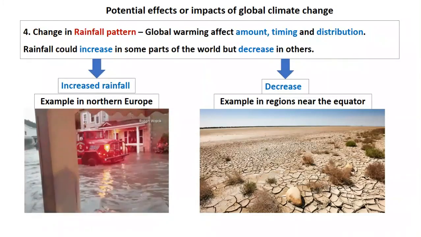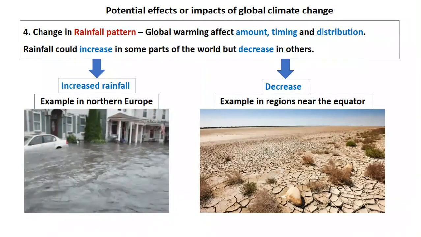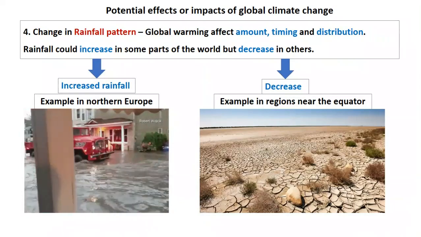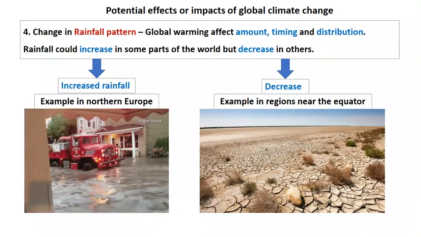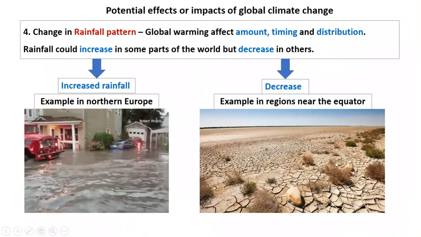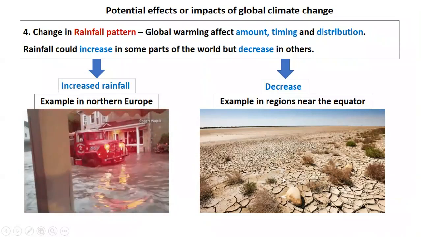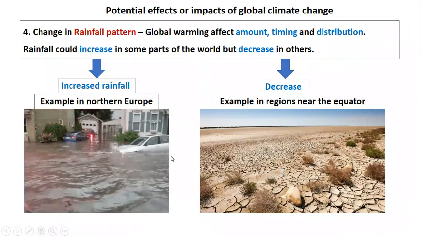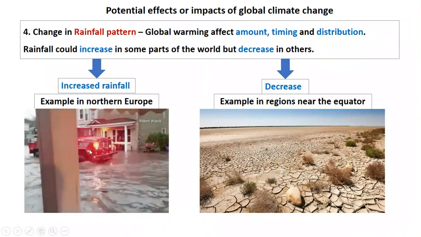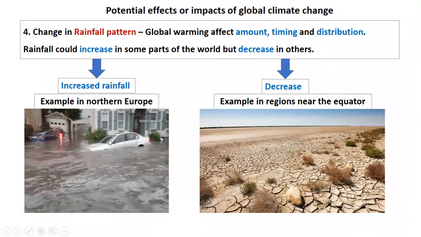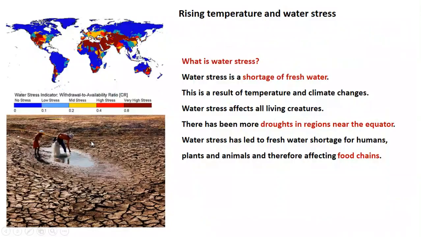One part of the earth will be having more rainfall, whilst another part will be having less rainfall. Those who are closer to the equator would experience less rainfall, and that is why you can see what is happening here. Water stress happening there, but more rainfall means there's more flooding, especially in the north of Europe. This is happening a lot in the north of Europe.